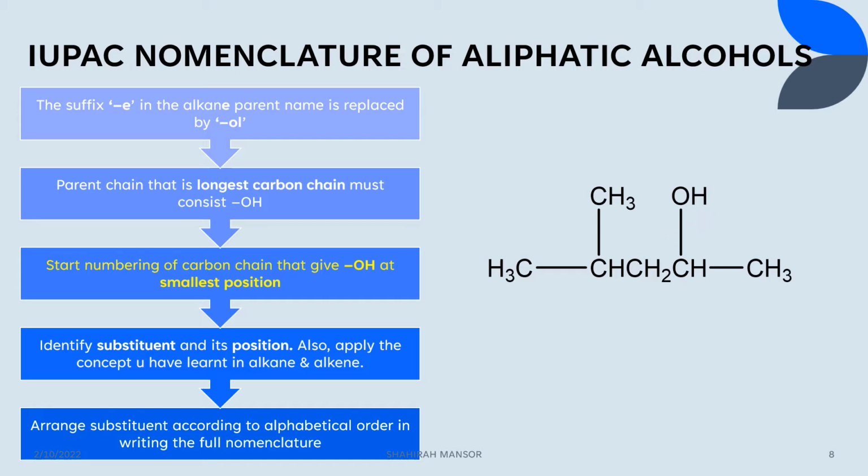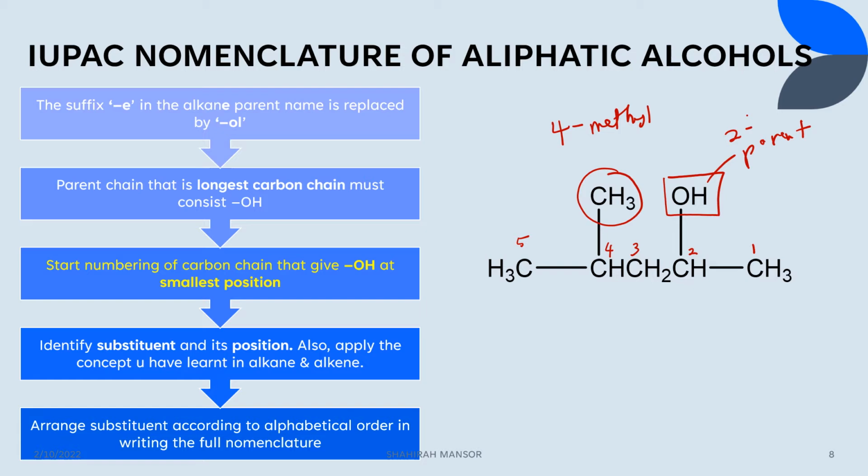Bermaksud numbering should start daripada carbon yang ini: 1, 2, 3, 4, 5. And we have this methyl sebagai substituent. So methyl berada pada carbon yang keempat dan kita ada our parent chain, iaitu hydroxy, pada kedudukan yang kedua.